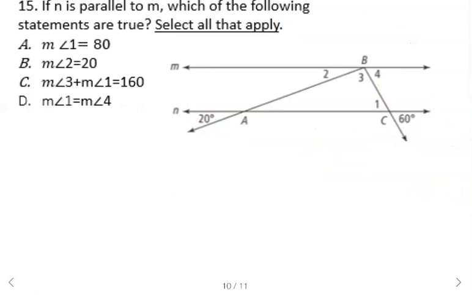Trying to select all the things that are true. So all that apply. So we can select more than one answer here. So let's try to find the measure of angle 1, 2, 3, and 4, and then look at these choices and see which ones we know are true. So I see some vertical angles here. So angle 1 is 60.